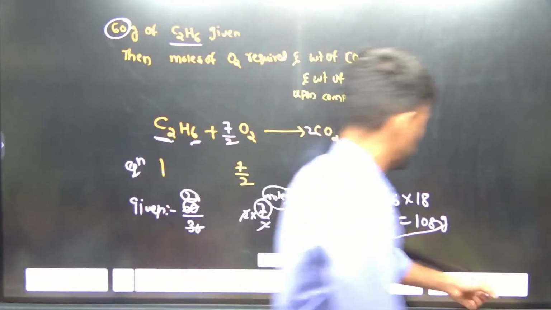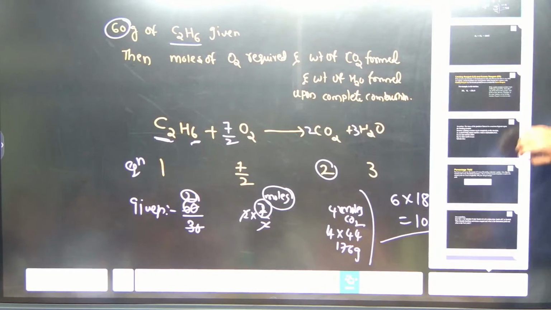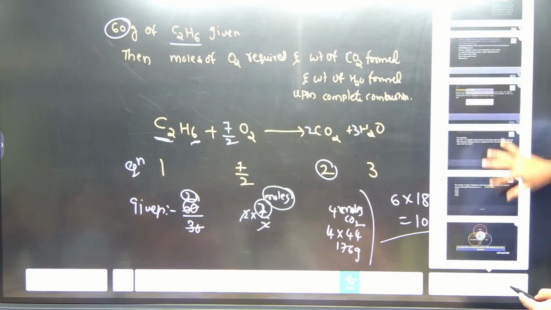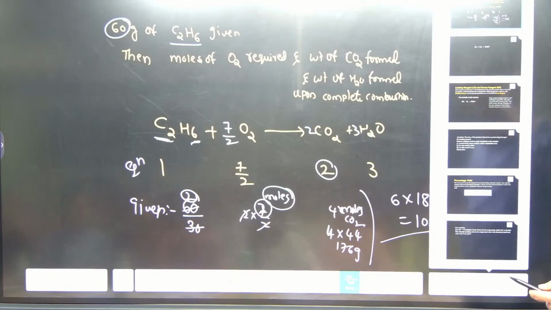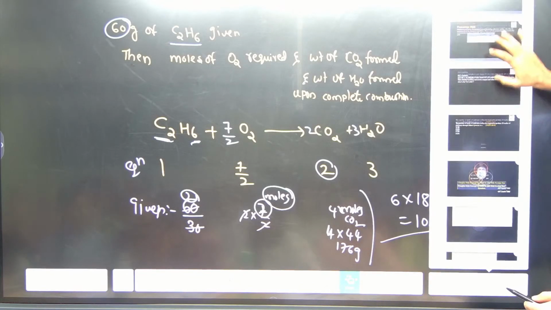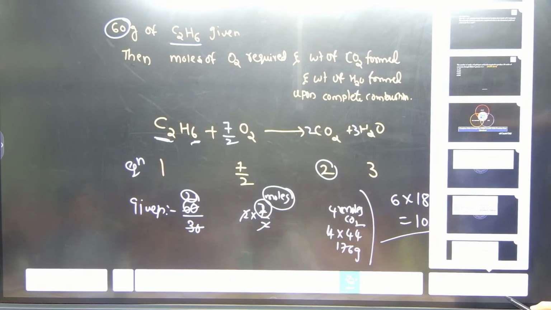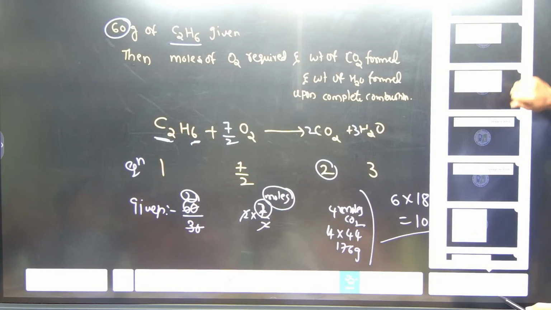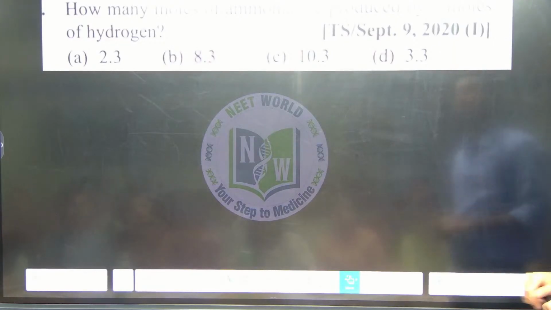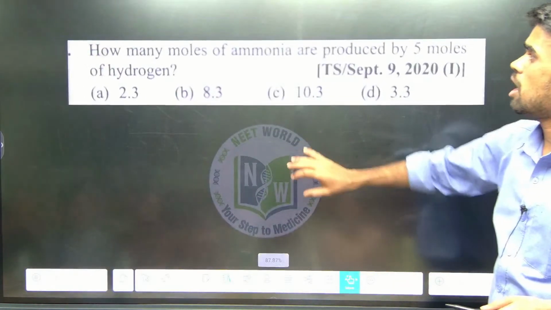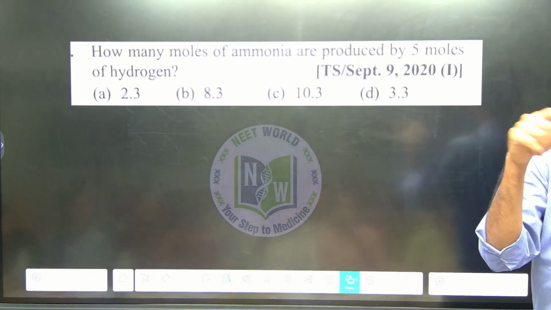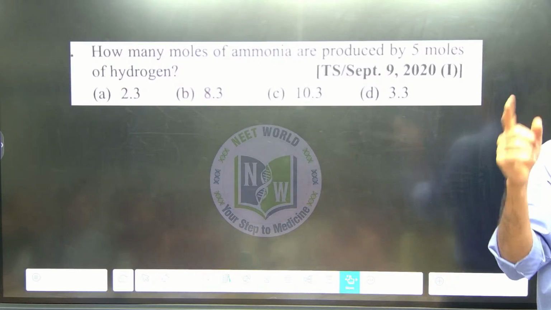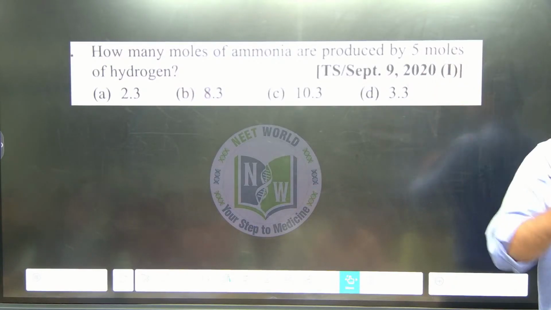Okay, let me give you 1, 2 questions. Then almost. So one more concept is there, limiting reagent, excess reagent. We will discuss that in the next class. Do this fast. You know the ammonia reaction? N2 plus H2 gives rise to NH3. Balance that equation.